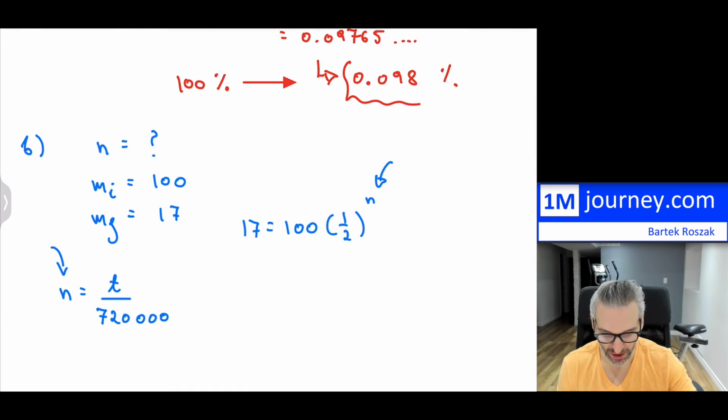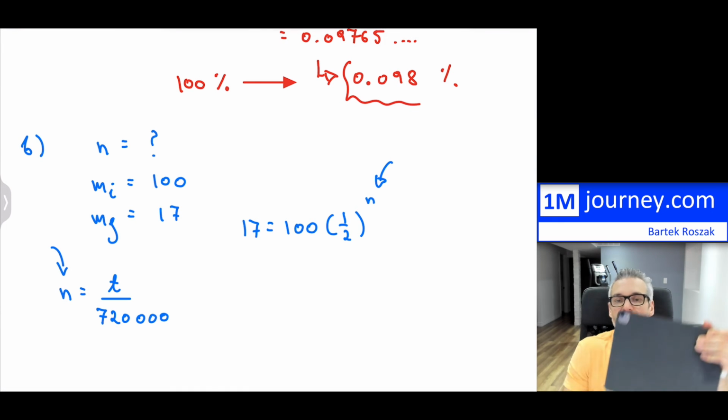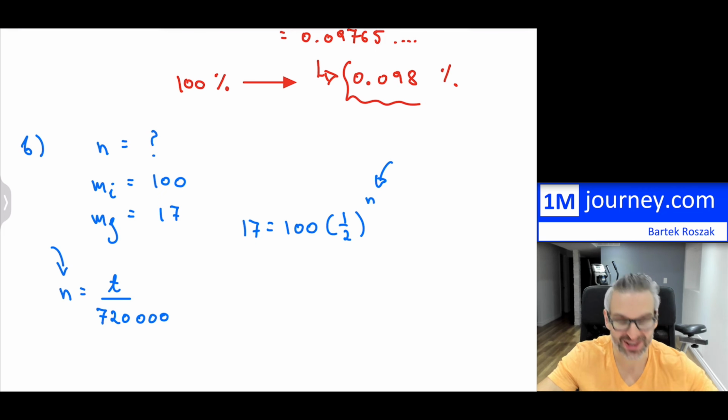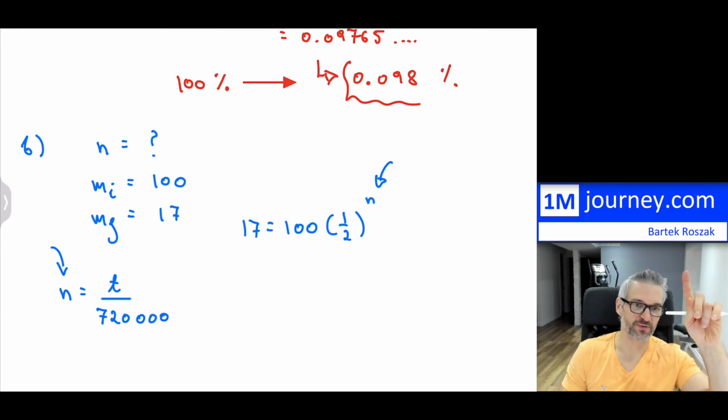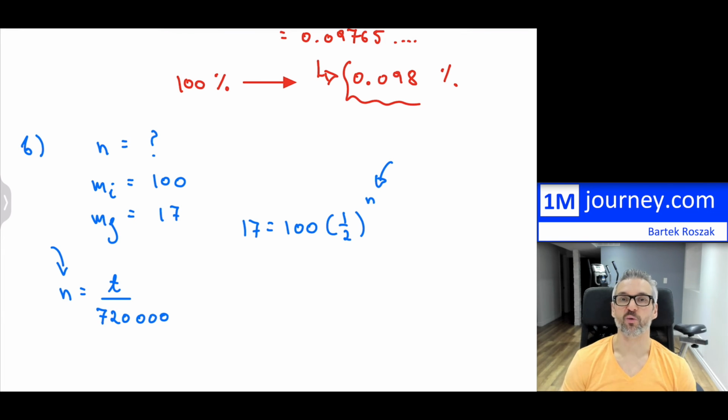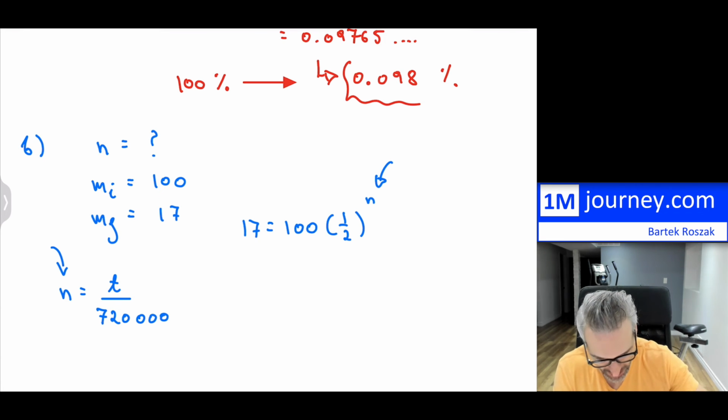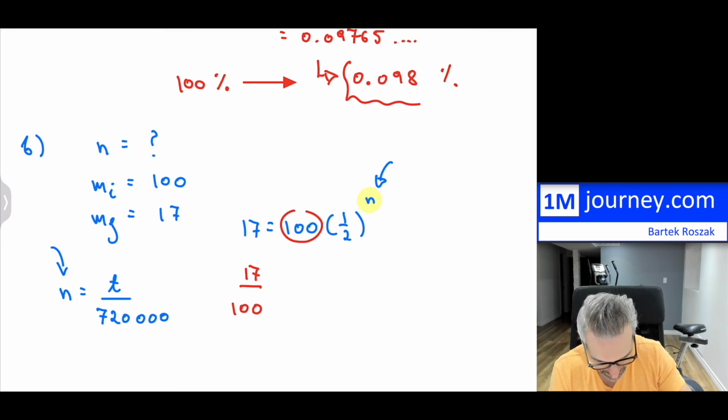Now, we don't want to be just doing graphing and seeing. We want to know a better way to do this. And this is where you use logs, which is the opposite of exponents. I'll put up a link above to a video on what logs are used for in mathematics. This is going to be one of those items. So if you want to solve for this, you're going to take 17 divided by 100, and that is equal to 1/2, which I'm going to write as a decimal.